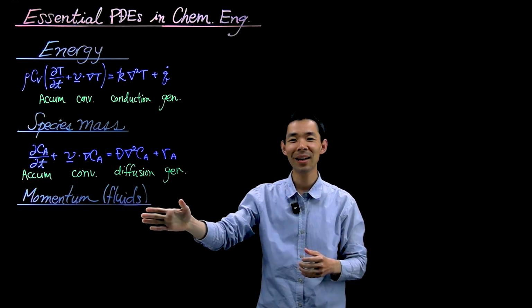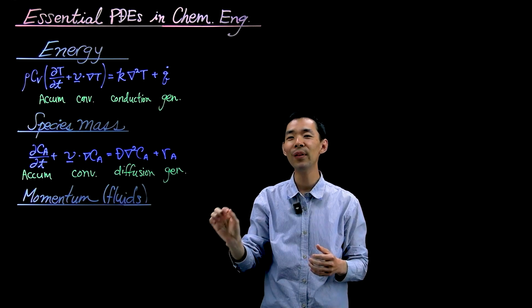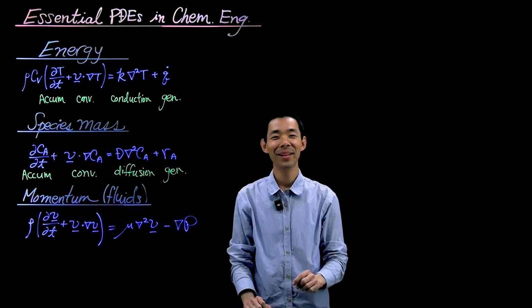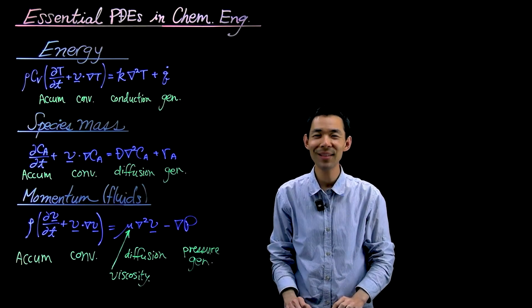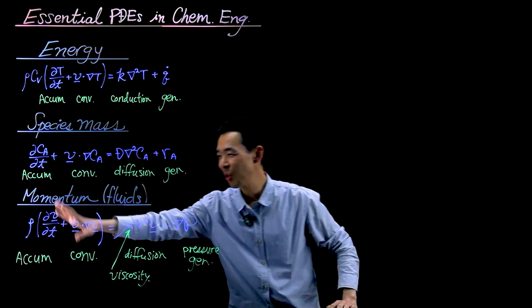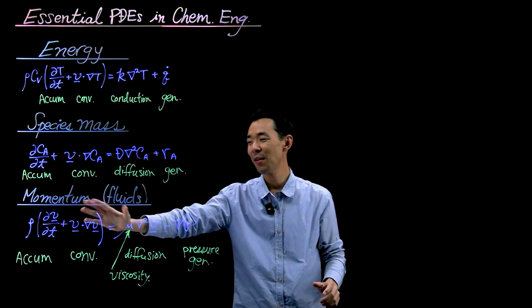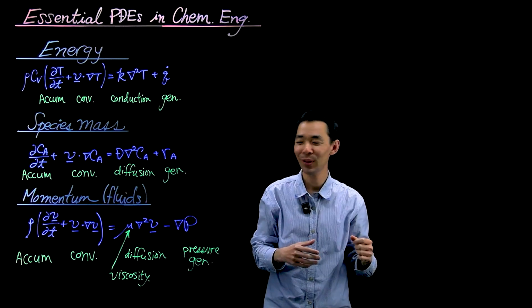Lastly, let's talk about the momentum balance. In this case, I'm going to write the fluid momentum balance. It would look like this. Let's classify each term. It would be these classifications. Accumulation of momentum inside your control volume, convection of velocity gradients inside your fluid system.